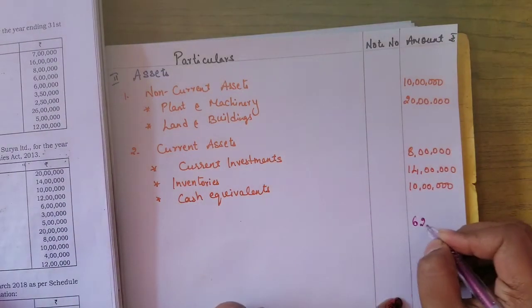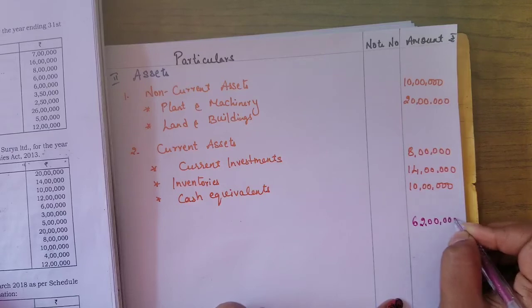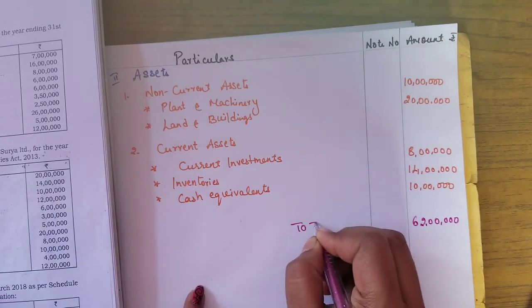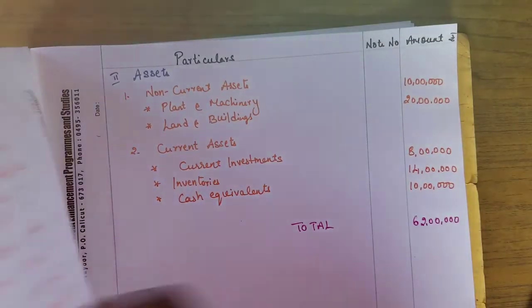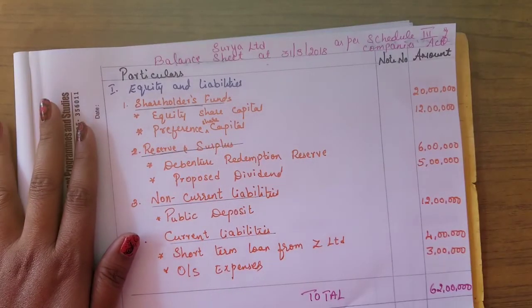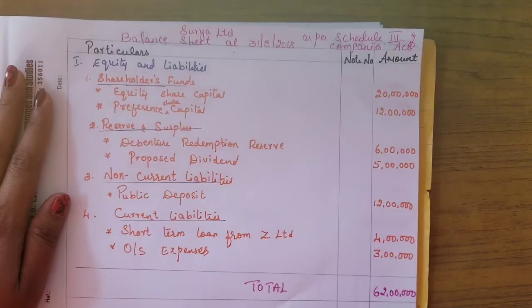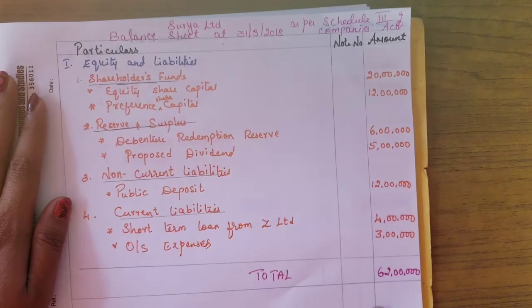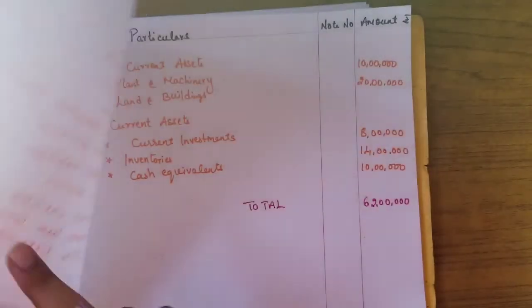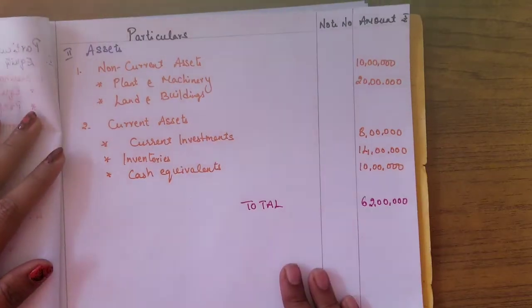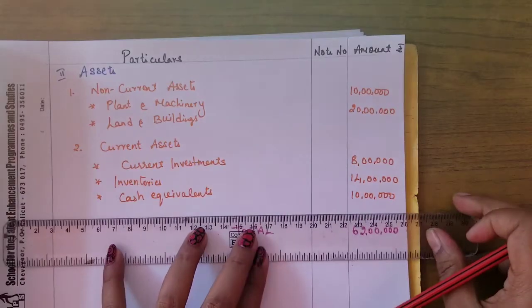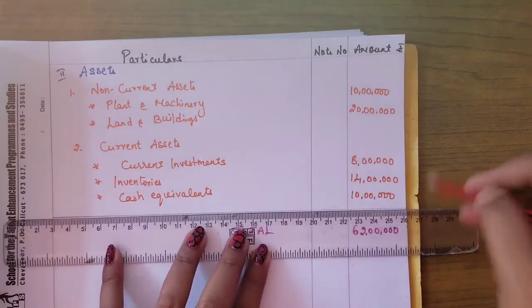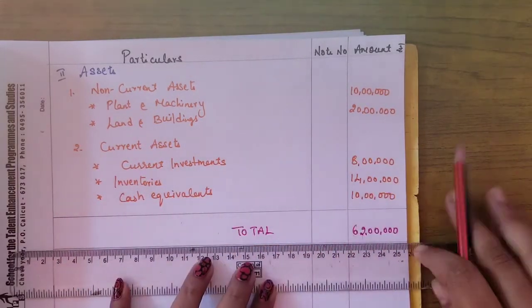So total of assets is also 62. Yes, both the sides tallied now. Total of liabilities is 62 lakhs, and the total of assets is also 62 lakhs. You can close the account.